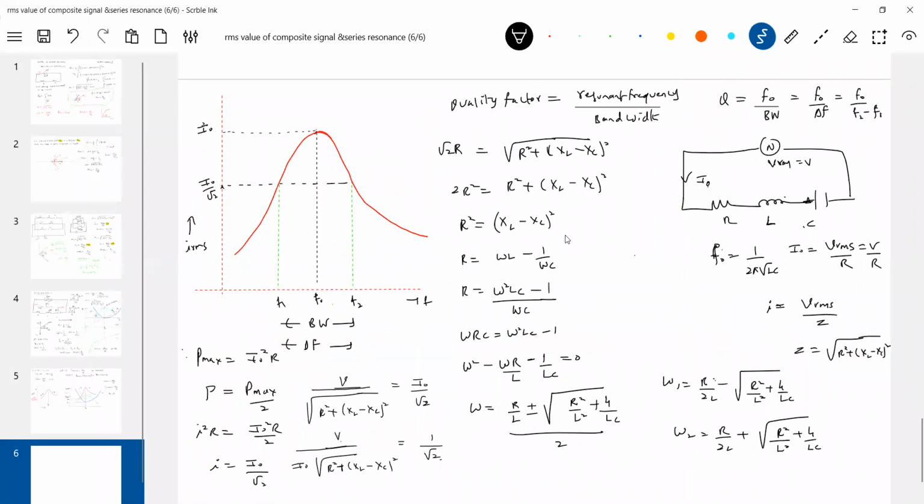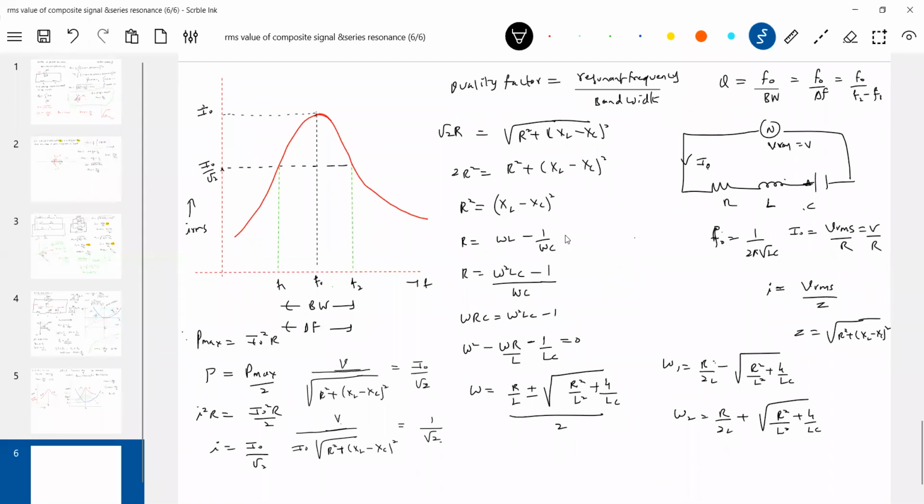I'm going to substitute omega 1 and omega 2 here, and I know f naught also. From that, I'll bring the expression for the quality factor in terms of the components of the circuit, like R, L, C, and how they depend on that.